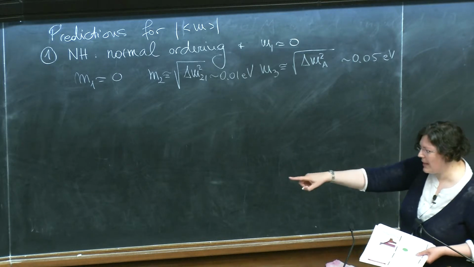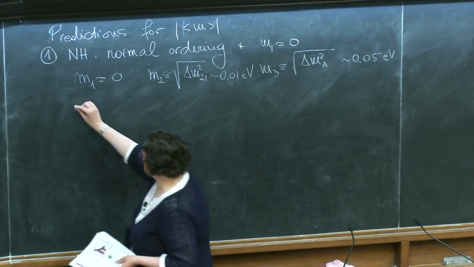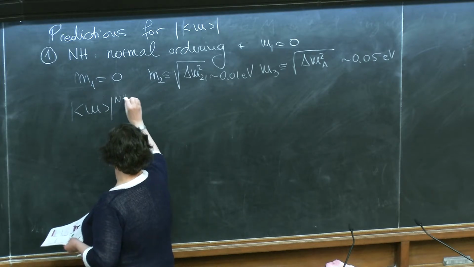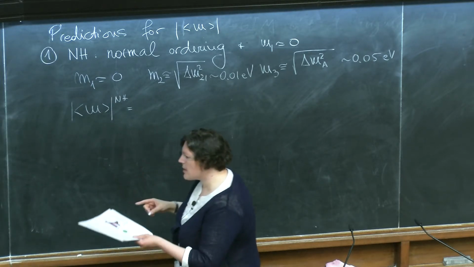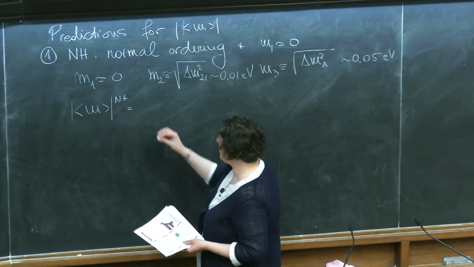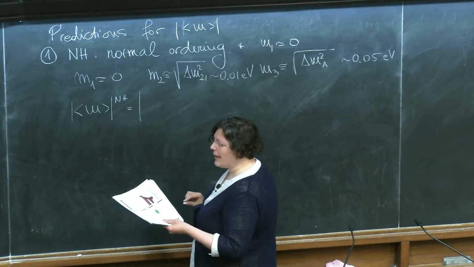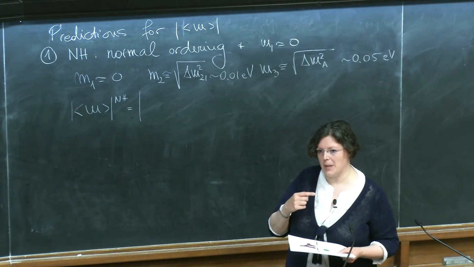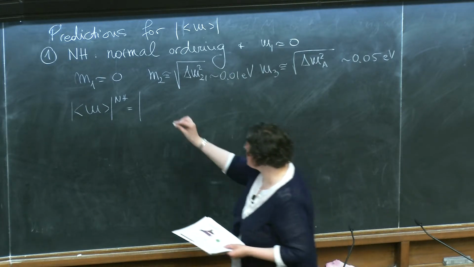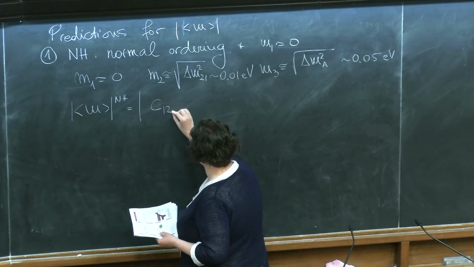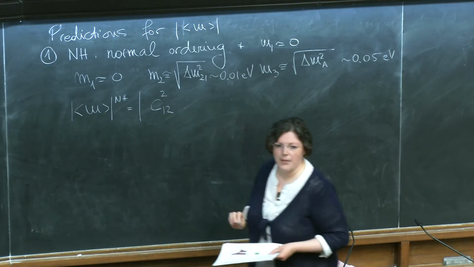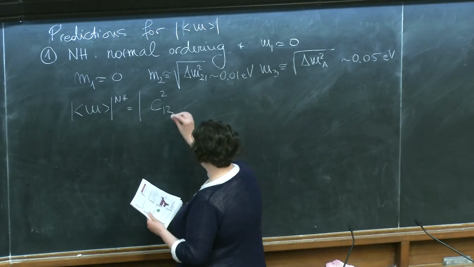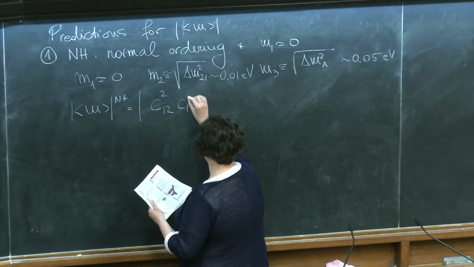And so we can plug that into the expression. If I look at M effective in the normal hierarchical spectrum, the first M1 term is negligible. Then I have U_e2 squared. If you go back to the parameterization of the PMNS matrix that I gave yesterday, this is cos squared theta 12, and then there's also a cos squared theta 13.